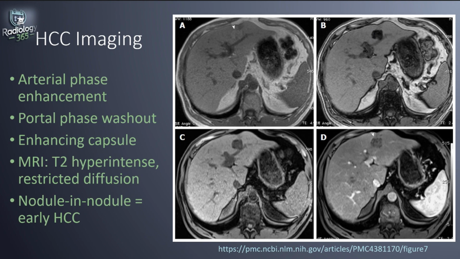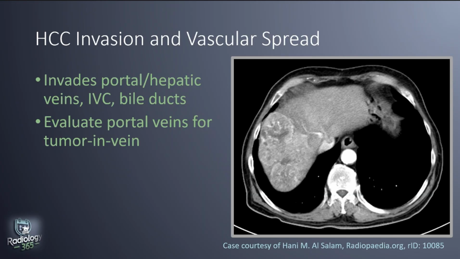The lesion demonstrates heterogeneous, mildly increased arterial enhancement. That's on the D image, and all these put together with this mild arterial enhancement are all in keeping with a fat-containing hepatocellular carcinoma.